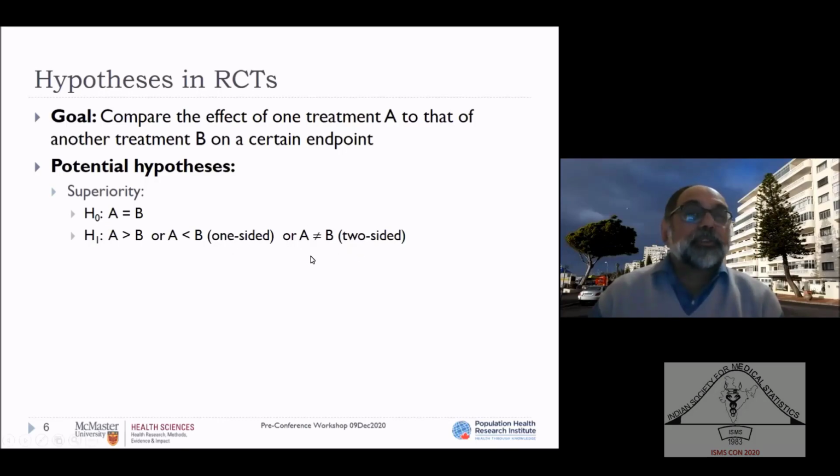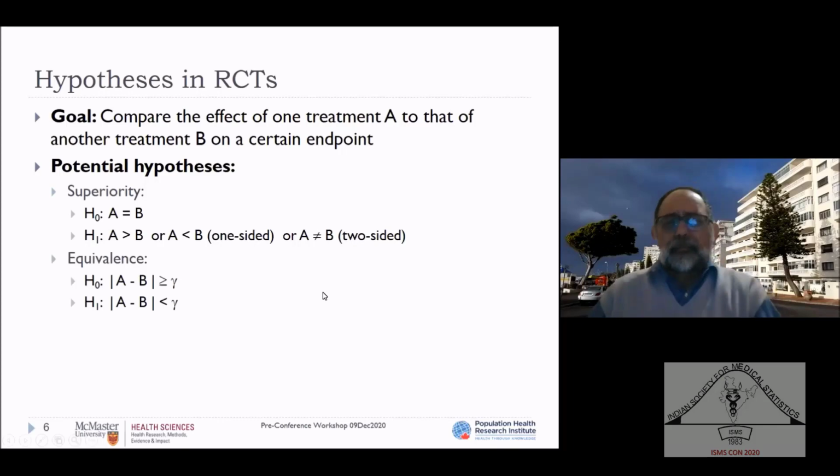Usually we do superiority two-sided. But we may also be interested in what used to be called equivalence trials, and that is showing that the difference between A and B is bounded by some value gamma. Okay.